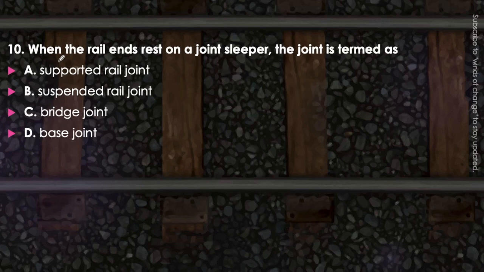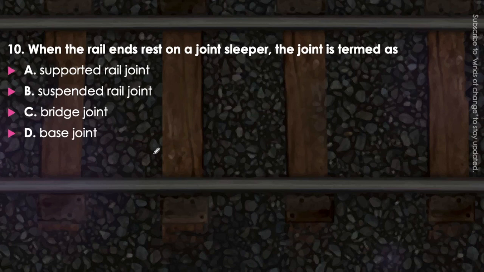Next question. When the rail ends rest on a joint sleeper, the joint is termed as supported rail joint, suspended rail joint, bridge joint, or base joint. Just think about it. The name itself is enough to justify the answer.